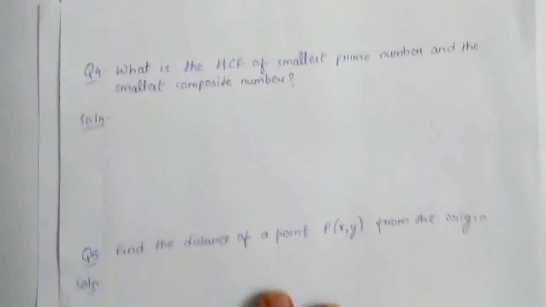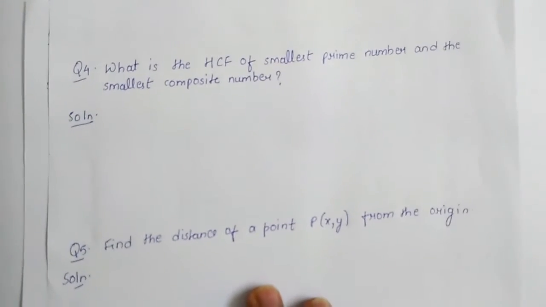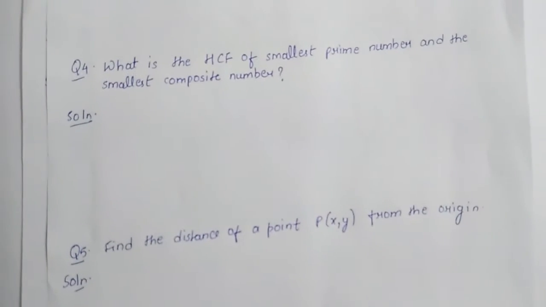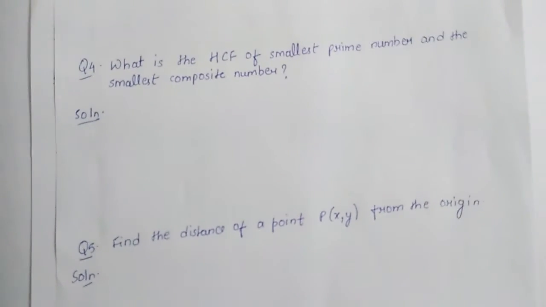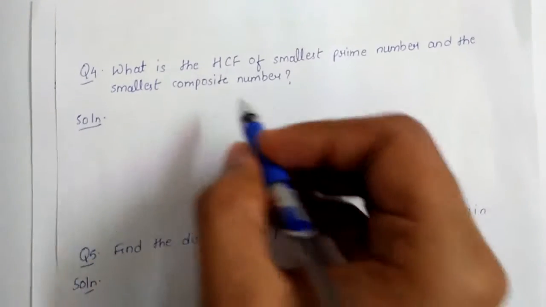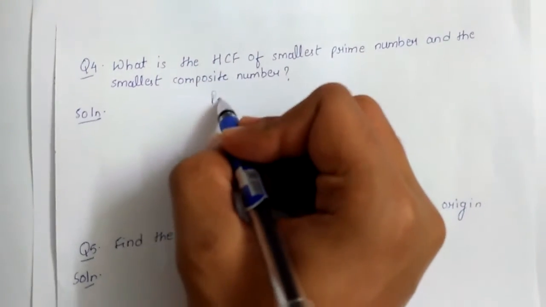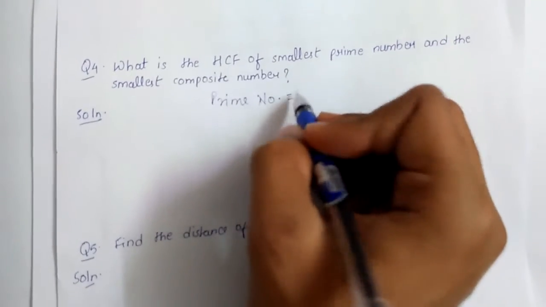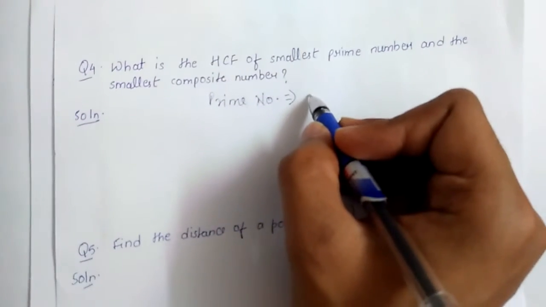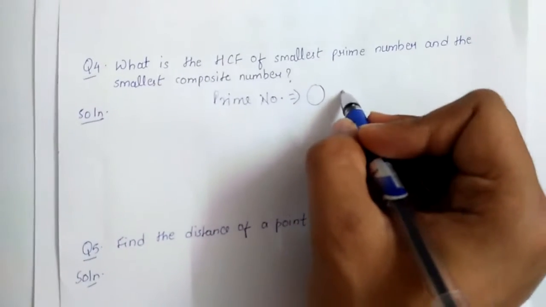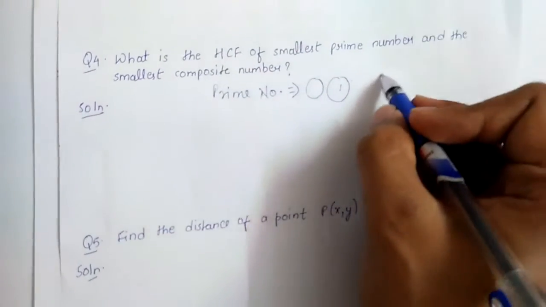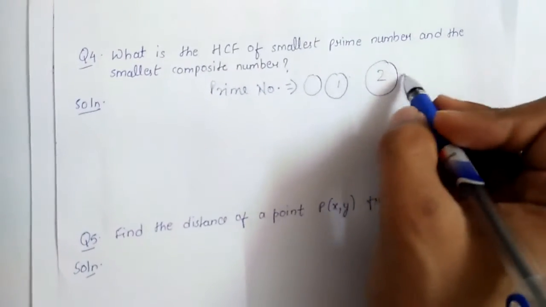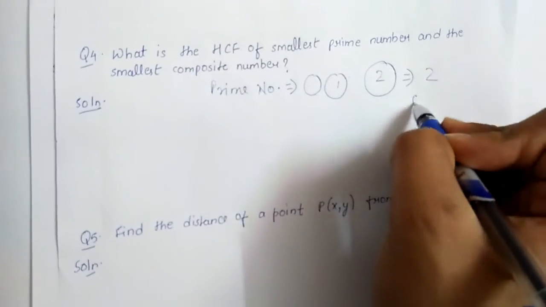The next 1 mark question which was asked is, what is the HCF of the smallest prime number and the smallest composite number? First of all, we need to know what a prime number is and what a composite number is. Prime numbers have only that particular number and 1 as factors. For example, 2 is divisible only by 2 or by 1.